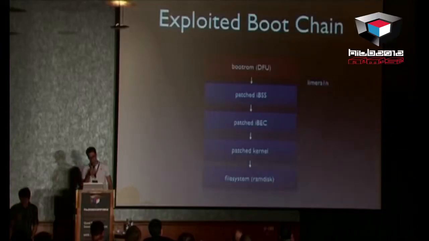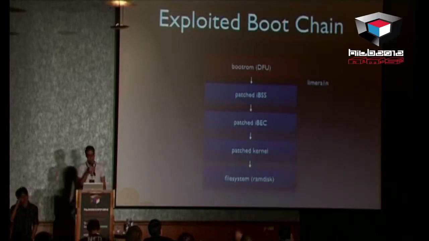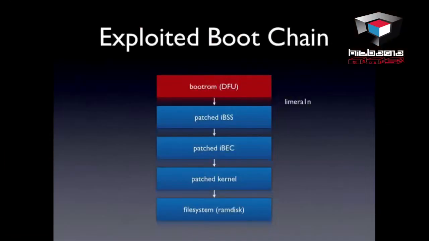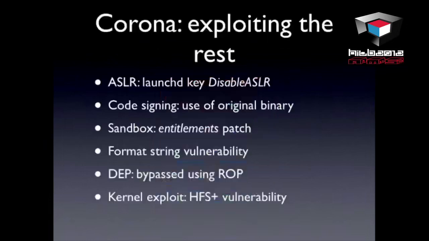If we now use the limera1n exploit, we skip the signature checks and just load the patched images and can this way run a custom RAM disk. So we just lose all these authentication steps in the whole boot chain.